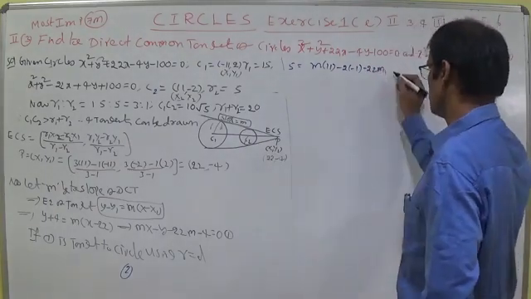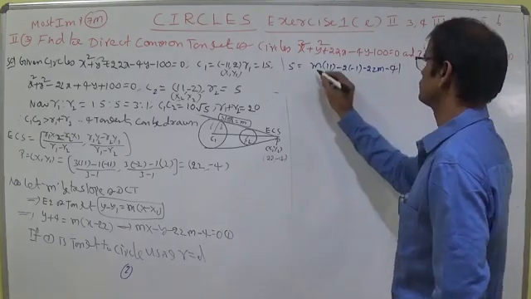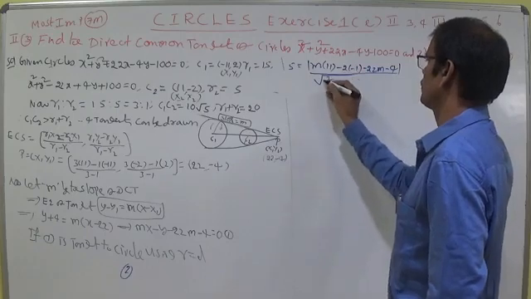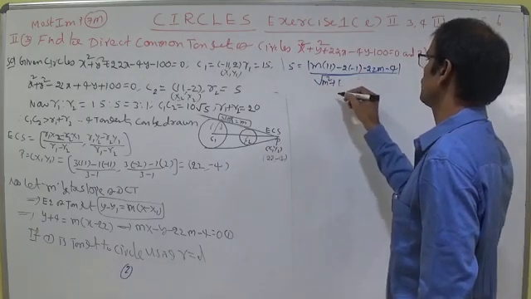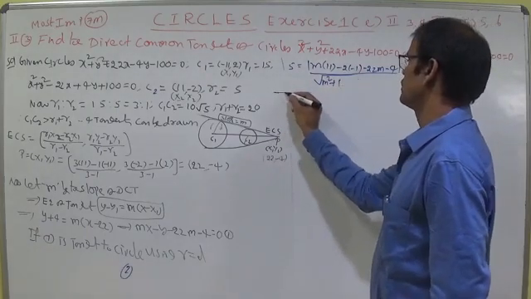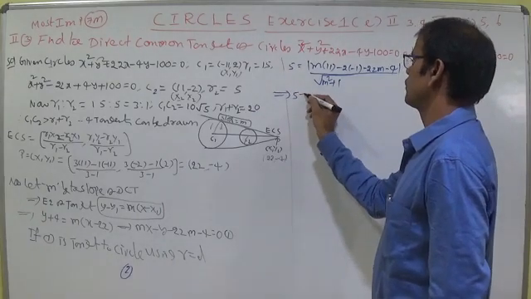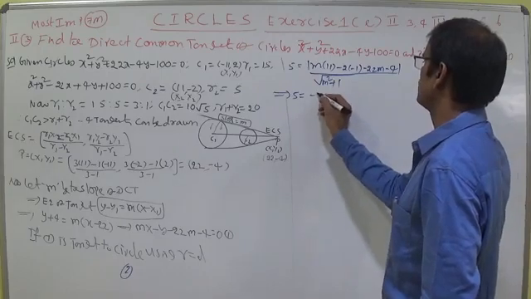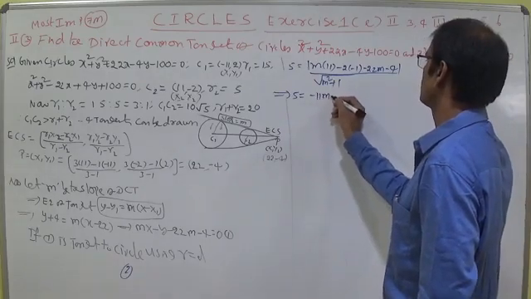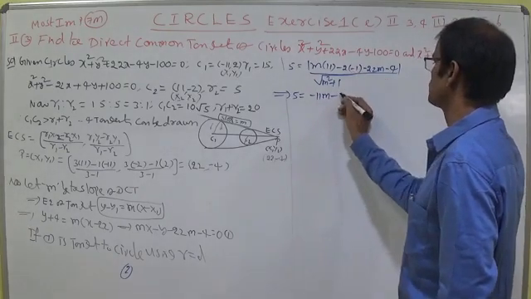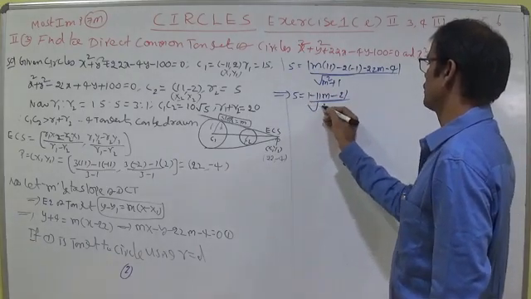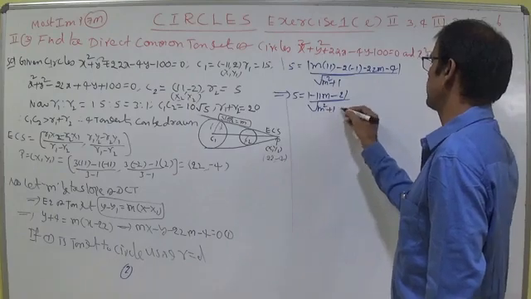Minus 22m minus 4 by root of m square plus 1. That implies 5 is equal to 11m minus 22m, you write here minus 11m, minus plus 2 minus 4, this is minus 2, by root of m square plus 1.